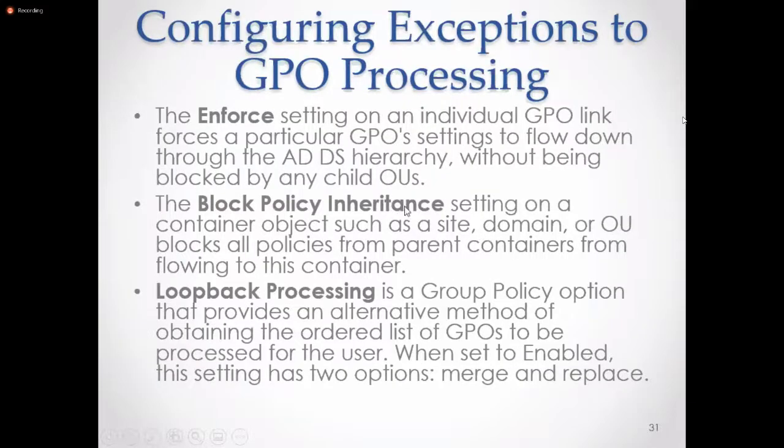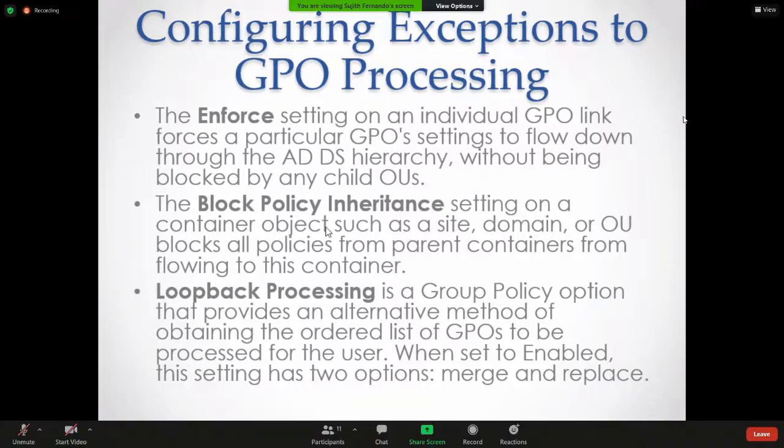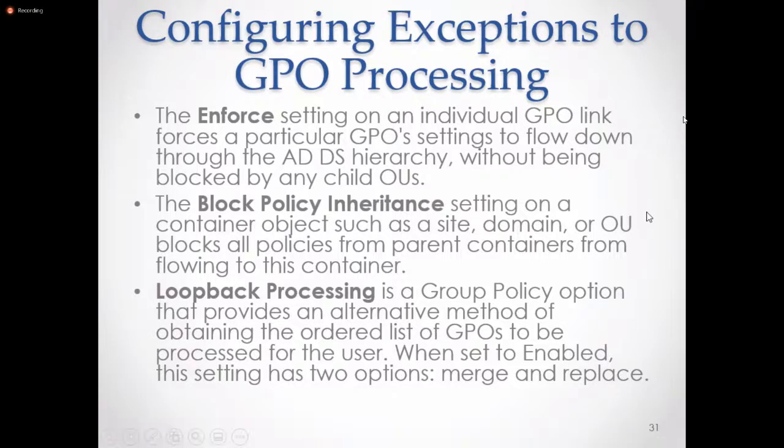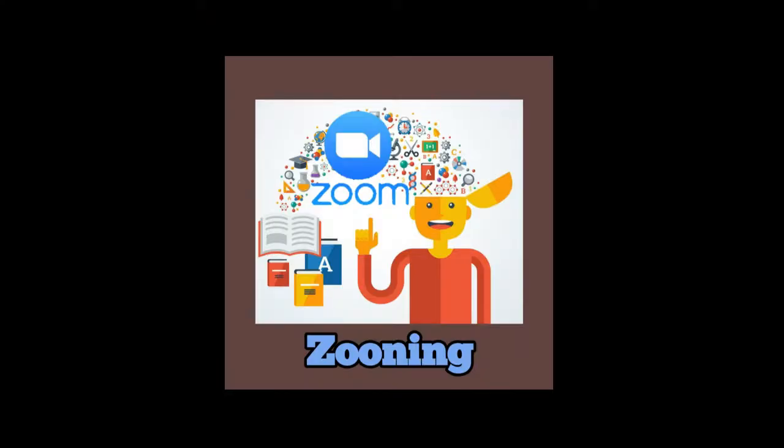That setting is put on a container object, that means an OU, a site, or a domain. It will prevent the policies from the parents from coming down to the child level, right?